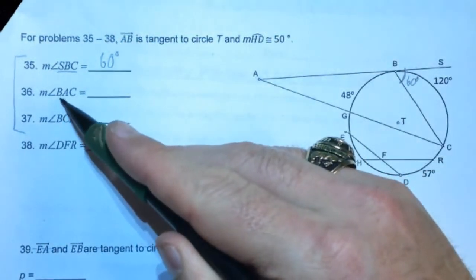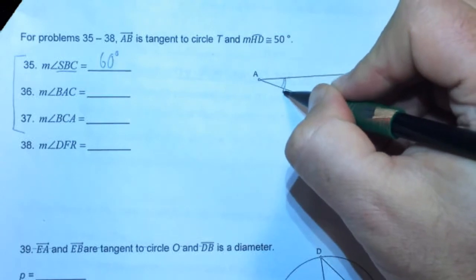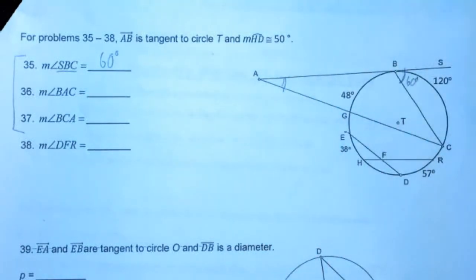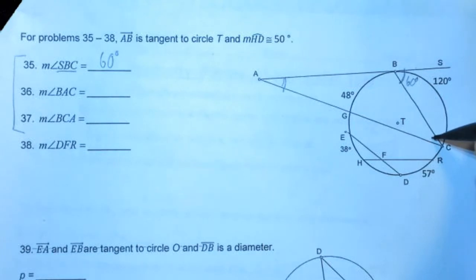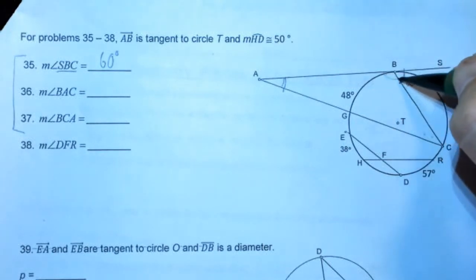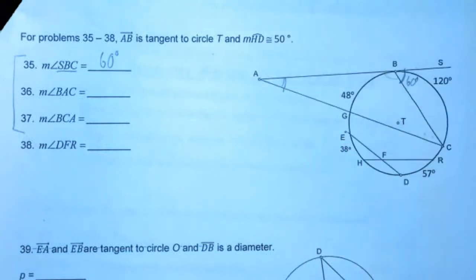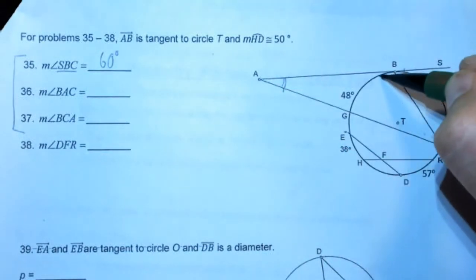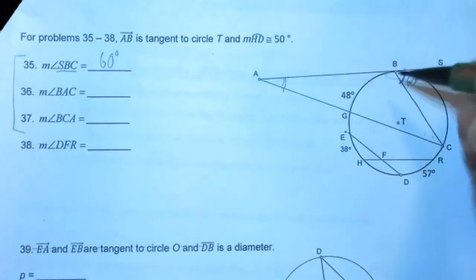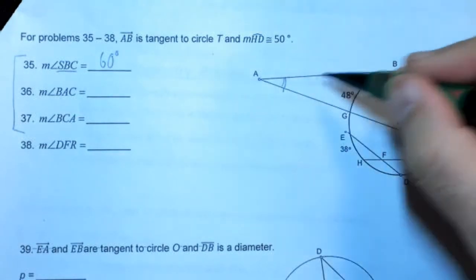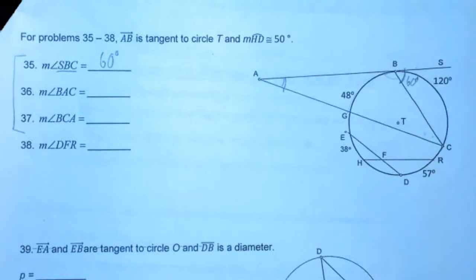Now, angle BAC, I want to find this angle over here. Actually, there's two ways I could do it. I have a triangle. I could find this angle and then subtract this one and this one from 180 to get angle A. I've also got that I have this arc and this arc, and I could use my properties of intersecting secants, or also an intersecting secant and tangent, to figure out the measure of angle A. I'm going to take that second route because this over here is 120 degrees.